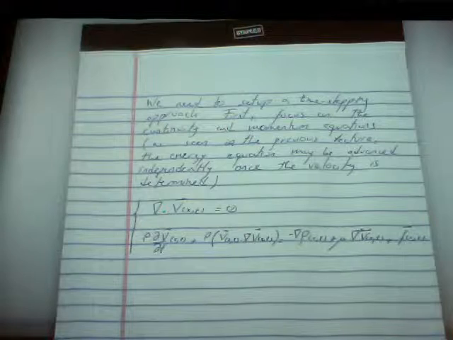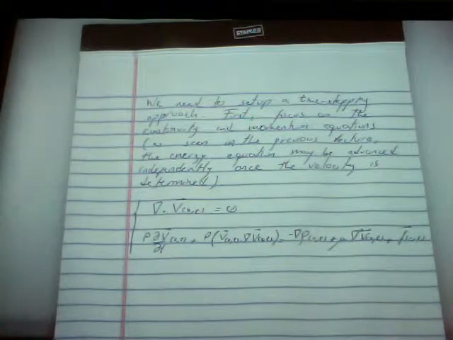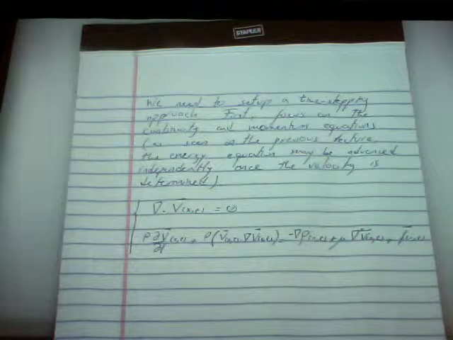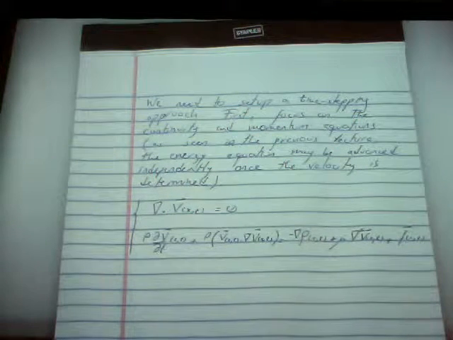This is the equation that we broke into two in the previous step. So we have the unknowns being the velocity and the pressure.